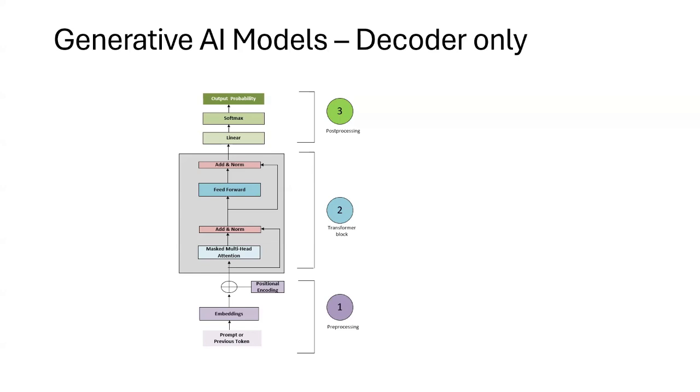What is this attention? I'm talking about it so many times. It tells the words how they are related to other words, because the next word prediction depends on all these things.